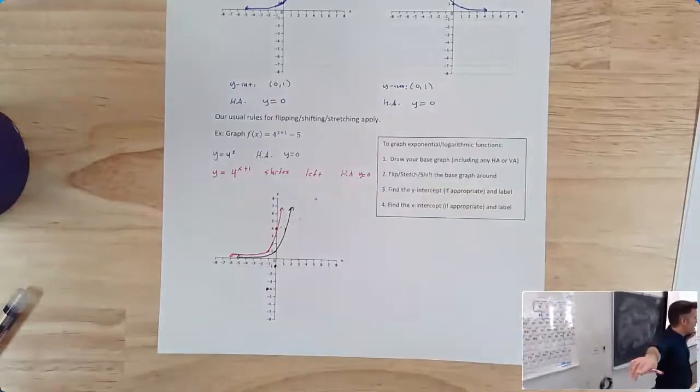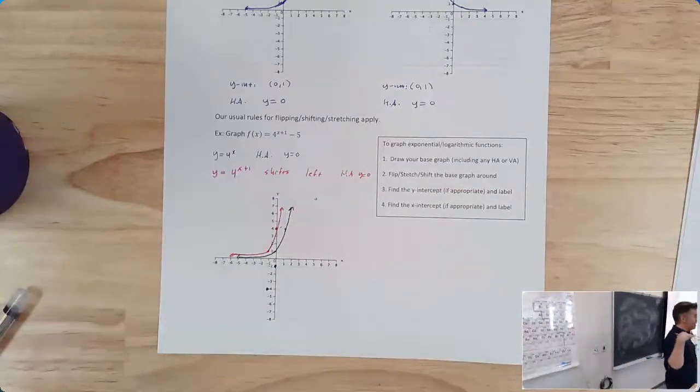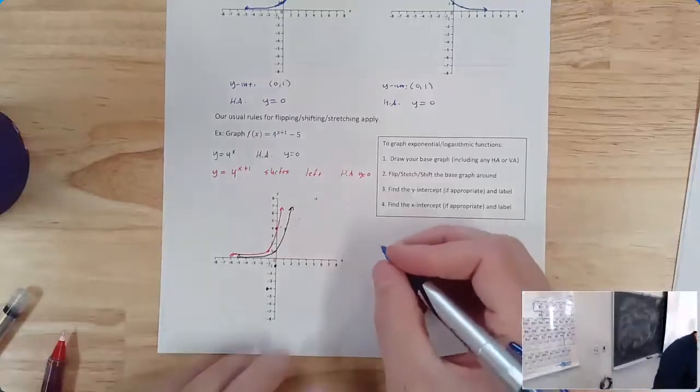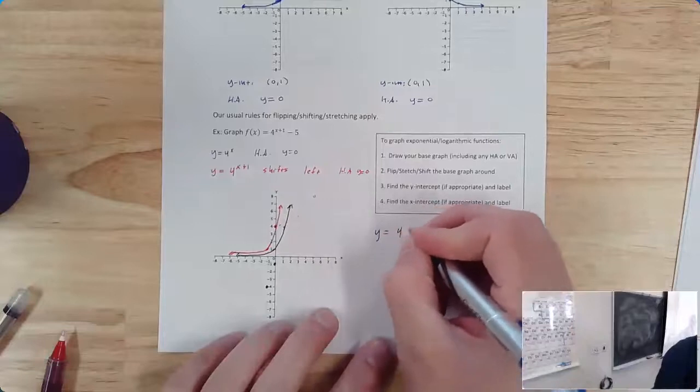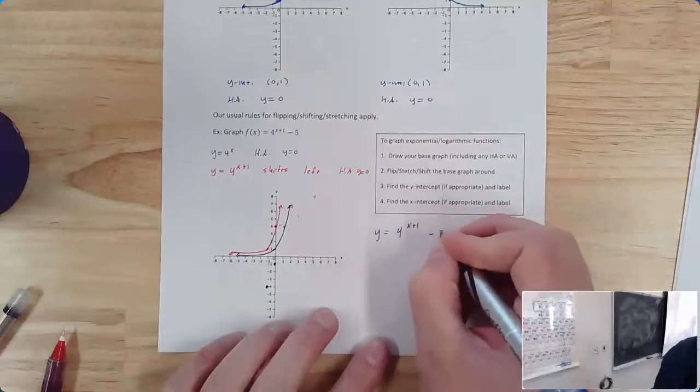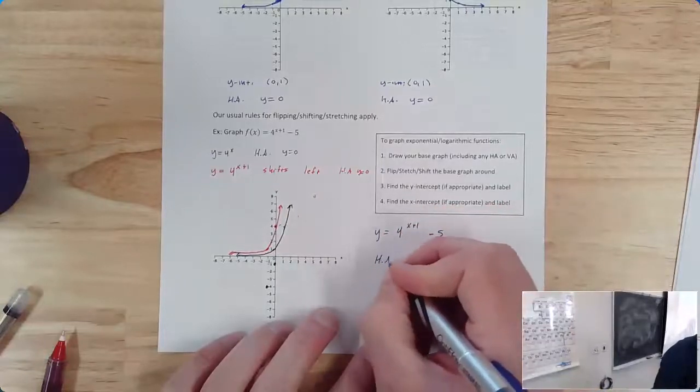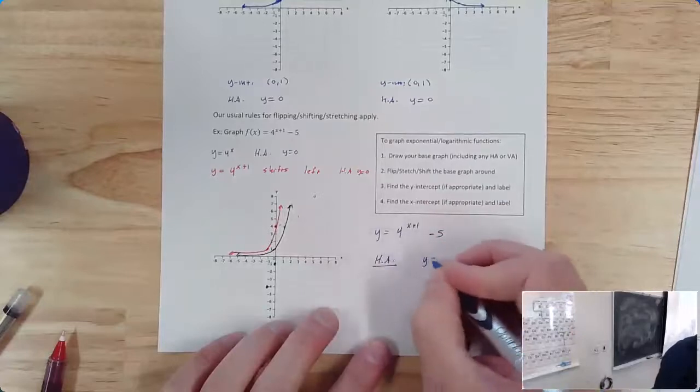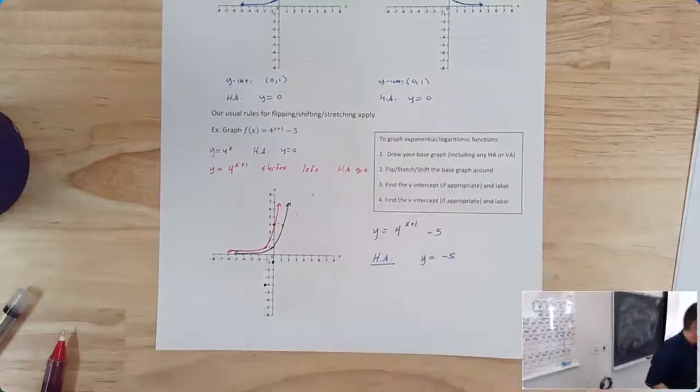But now we're moving the whole thing down by 5, which means the horizontal asymptote is going to move down by 5. So our new horizontal asymptote for y equals 4 to the x plus 1 minus 5 is going to be y equals -5.